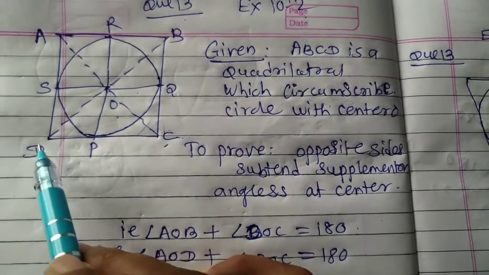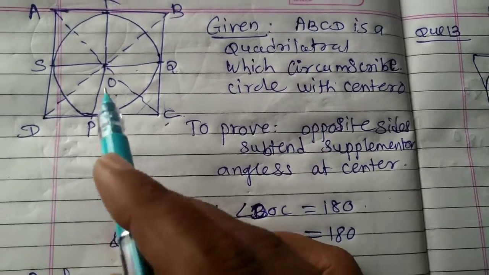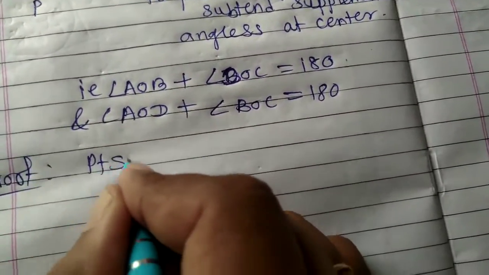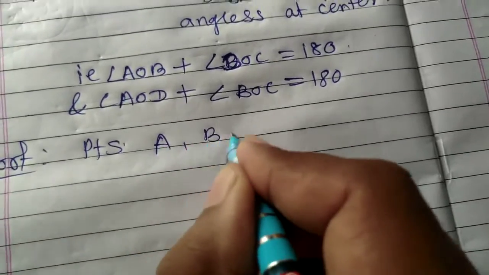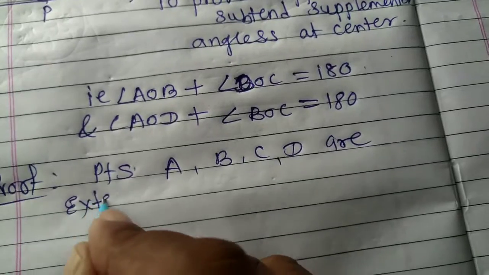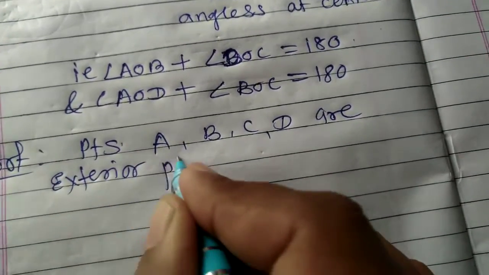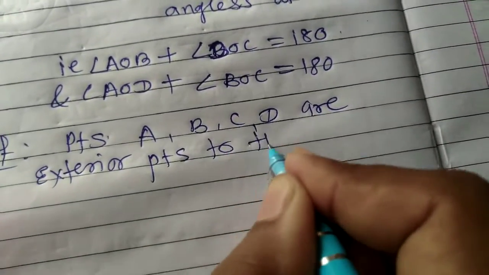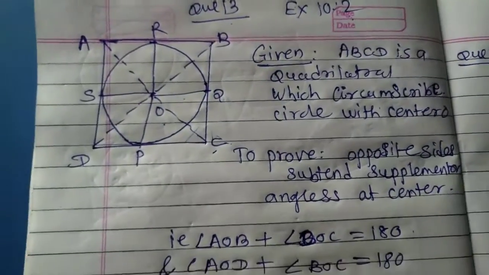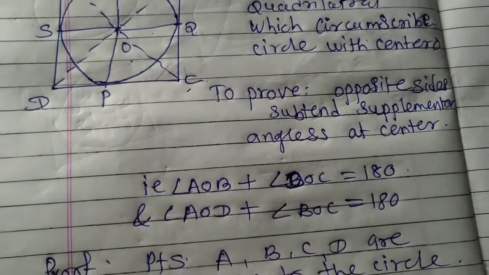Here points A, B, C, D are exterior points to the circle, and we know that from exterior points the tangent segments drawn are equal.